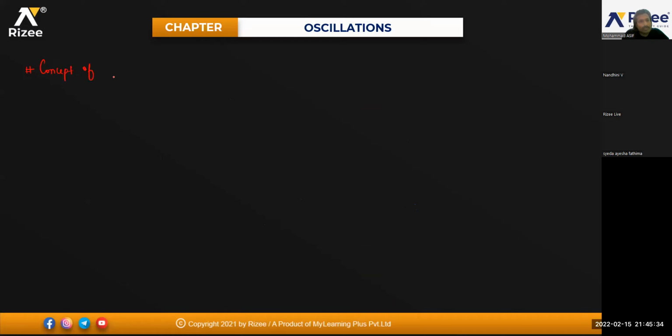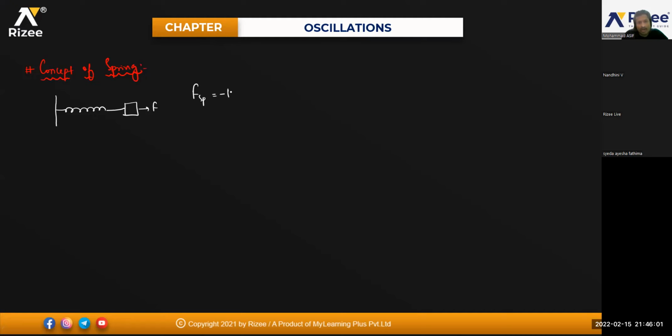Concept of spring. This is also one of the important areas where problems are based on springs in SHM. See here, if you extend a spring like this, and this is a block attached to it, when you apply a certain external force, the force due to the spring is directly proportional to displacement in the opposite direction.